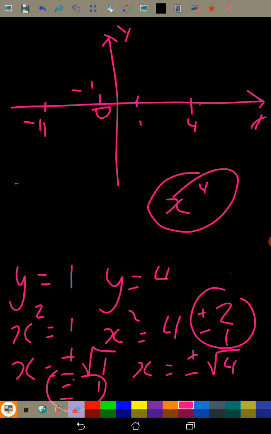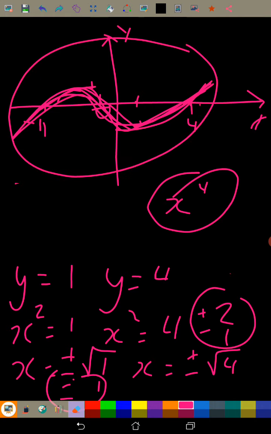So what we have is something that might be like that. I don't know, might be something like that, might be a graph like this, or it might be like that also. Wait, here, up, down, down, up.